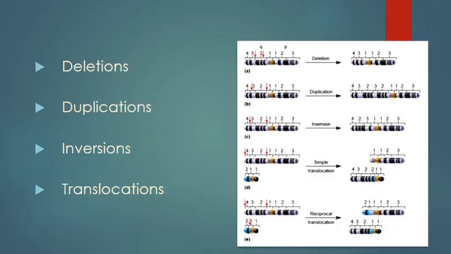There are four types of changes. This figure shows mutations characterized as deletion, duplication, inversion, and translocation. Deletion and duplication are changes in the total amount of genetic material within a single chromosome.